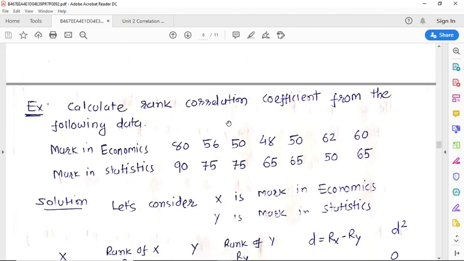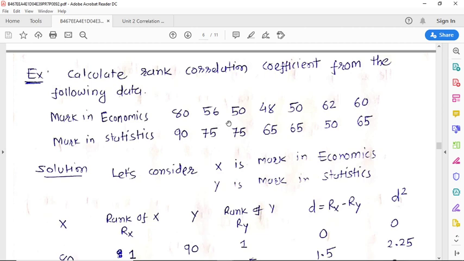Let us quickly revise that because we already know the procedure. Okay, there is data of marks in economics and marks in statistics, and we need to find the rank correlation coefficient from the following data. Okay, so the data is now mentioned in the example: 80, 80, 56, 50, 48, then all the remaining values.